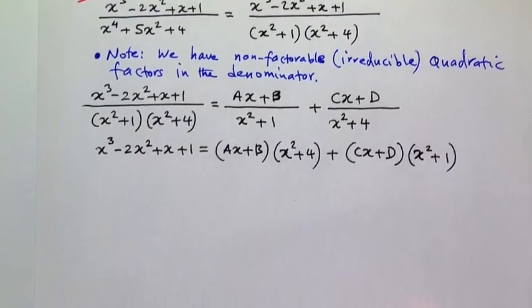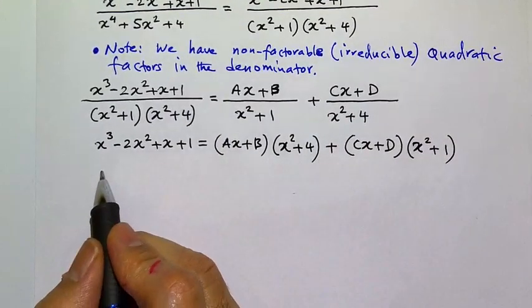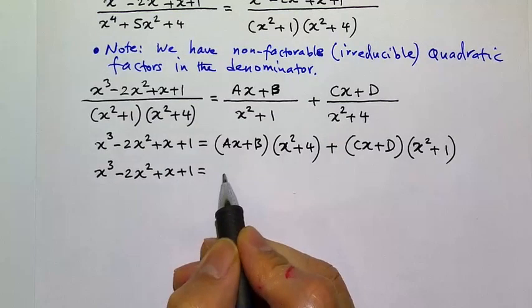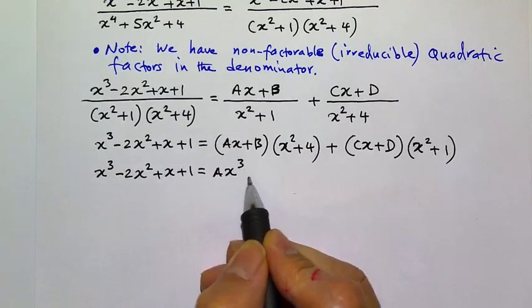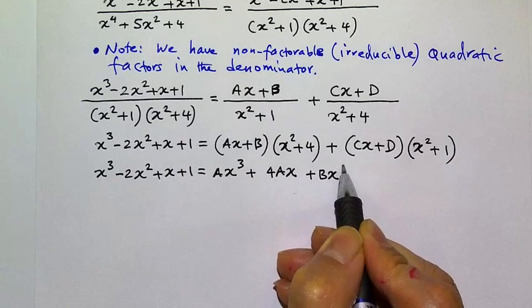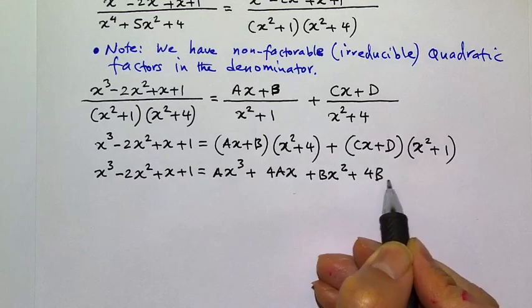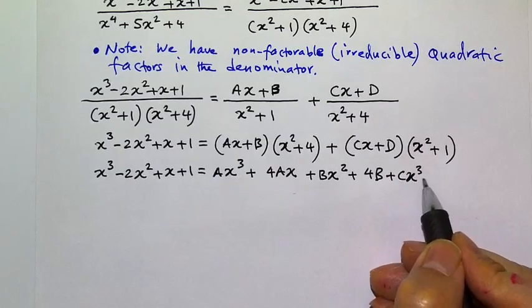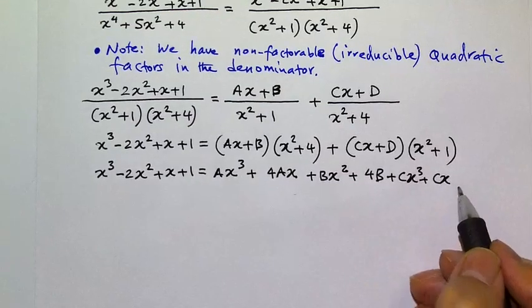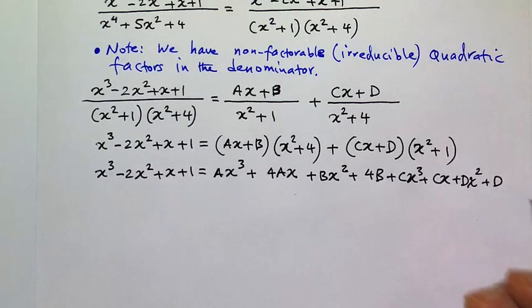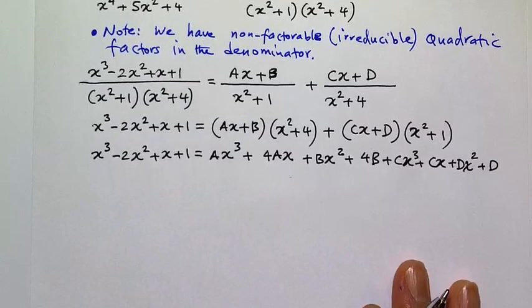Okay, so just like before, we have to distribute these things, plus d, and then combining these expressions.